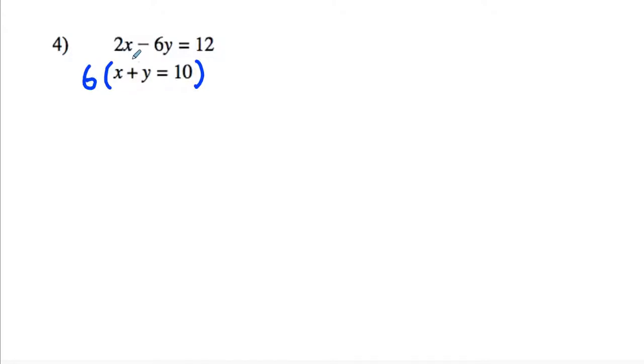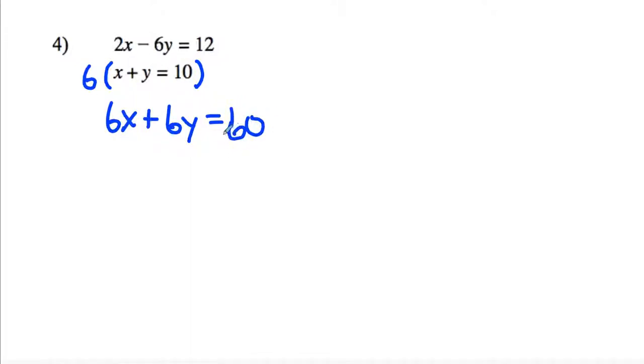Because when I multiply the 6 times the y, I'm going to get a 6y. And negative 6y plus 6y is just 0y, or it goes away. So here's how it works. 6 times x is 6x. 6 times y is 6y. And then 6 times 10 is 60.